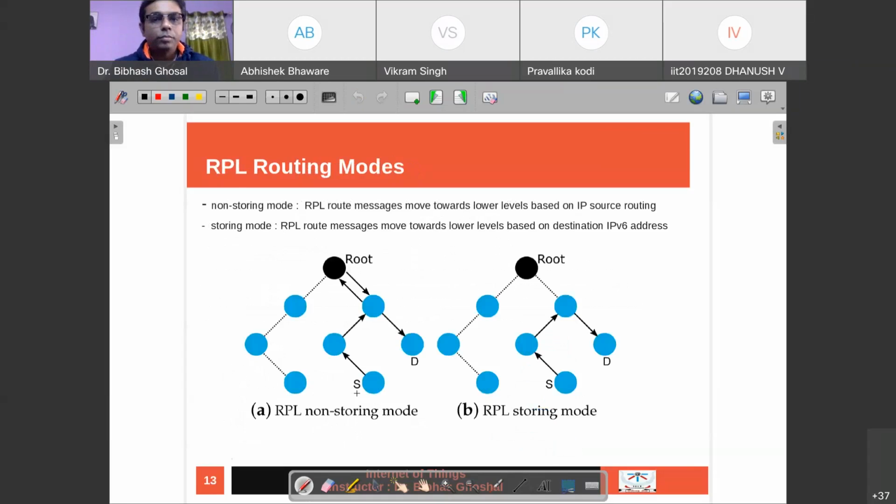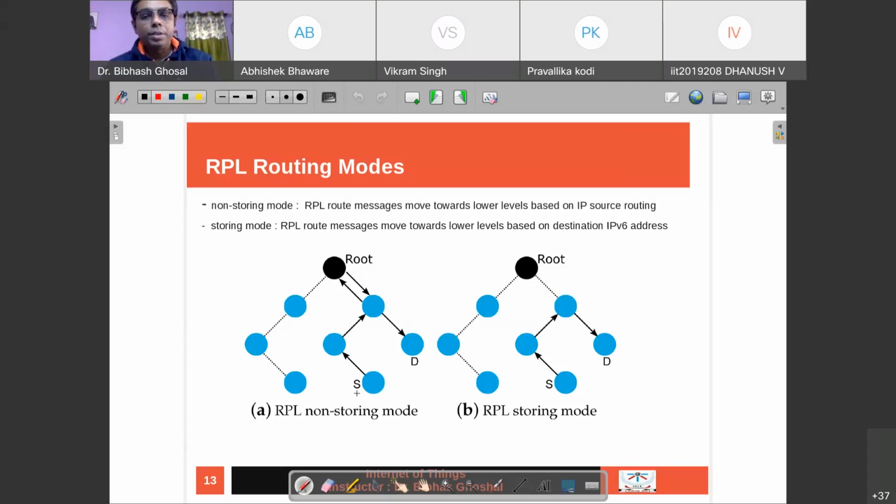Now, there can be 2 ways of routing when you are going to send this. It can be non-storing, which uses an IP source route, meaning you know the source and you fix up the path, and your destination, and your transfer will be via that, whether it is the downward movement of the traffic when the DIO message is coming, or it is the DIO message which is traveling up.